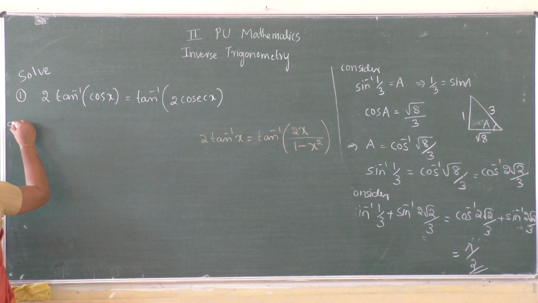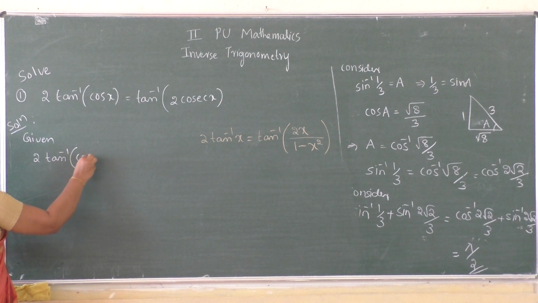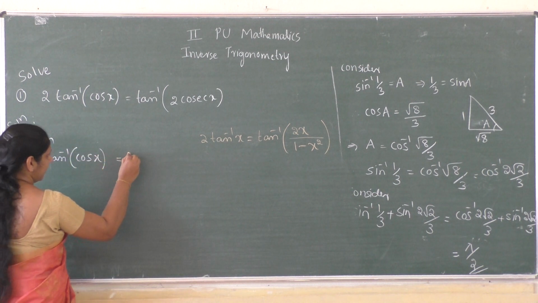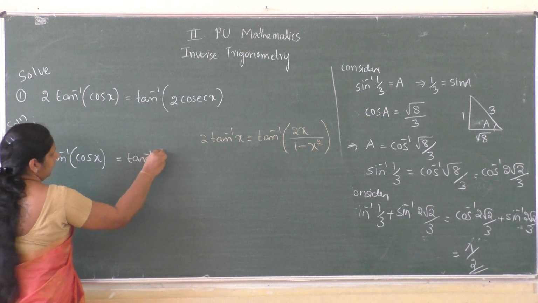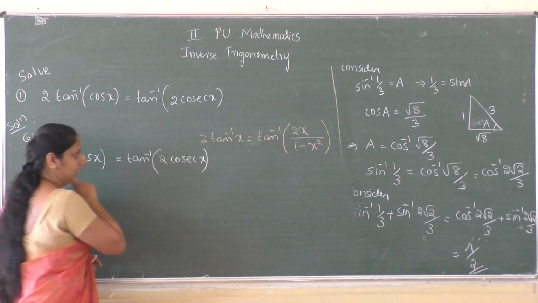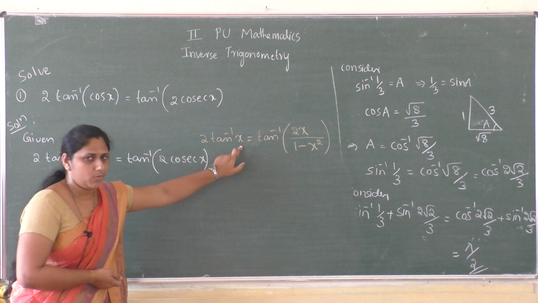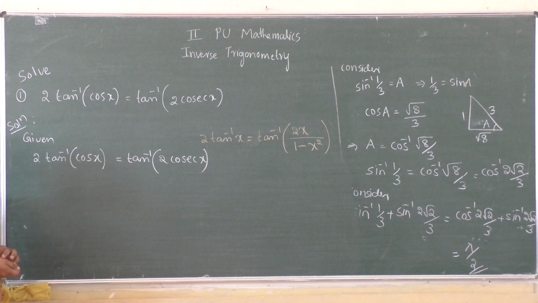So solution, what is the given condition? It is 2 tan inverse of cos x is equal to tan inverse of 2 cosec x. So this is the given condition. Now for the left hand side you have to use this formula, that is 2 tan inverse x equal to tan inverse of 2x by 1 minus x square.